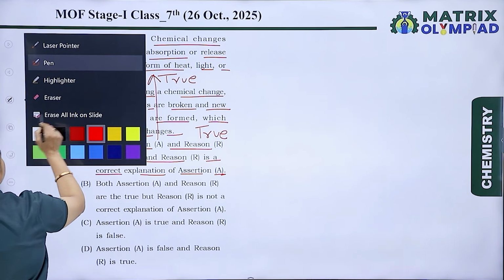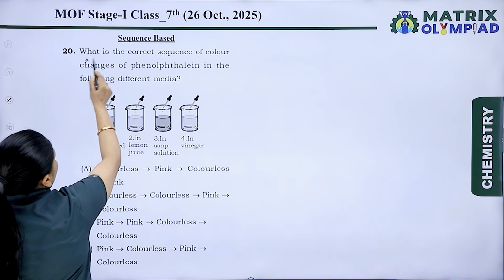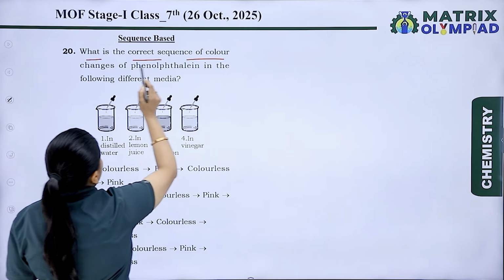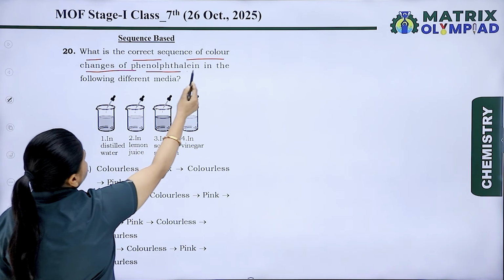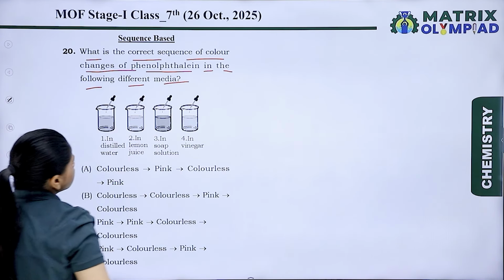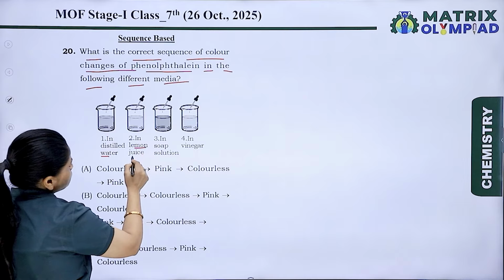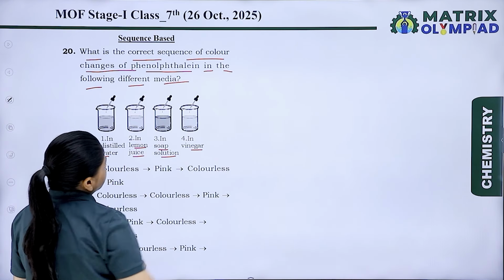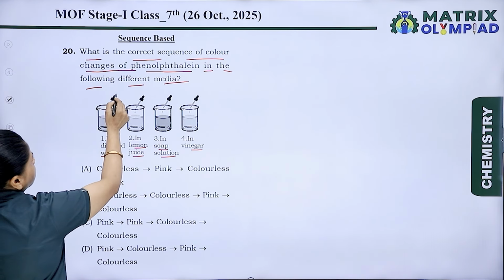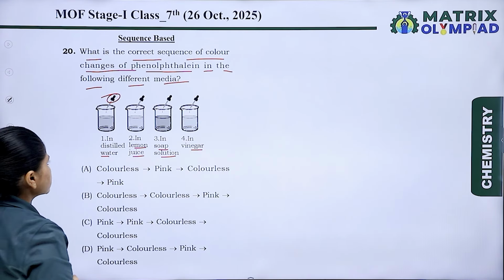Now the next question is sequence based. What is the correct sequence of color changes of phenolphthalein in the following different media? There are 4 beakers having distilled water, lemon juice, soap solution and vinegar, and we are adding phenolphthalein indicator. Let's check the color changes.